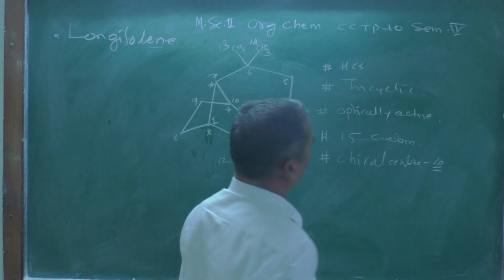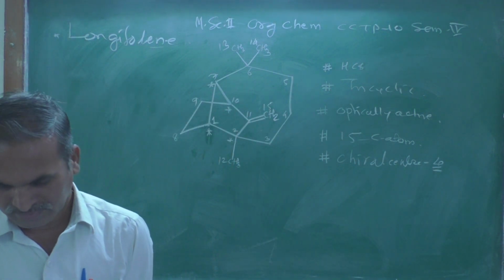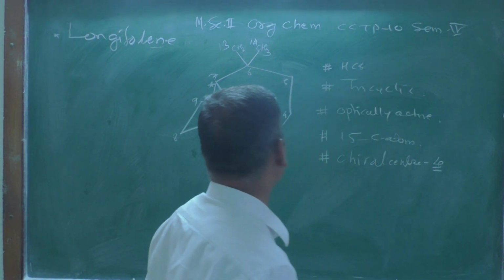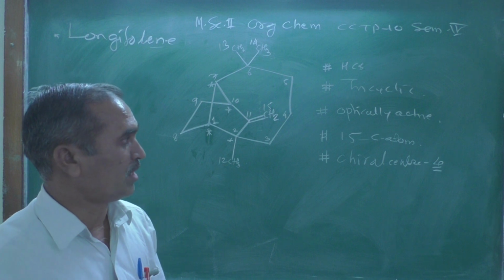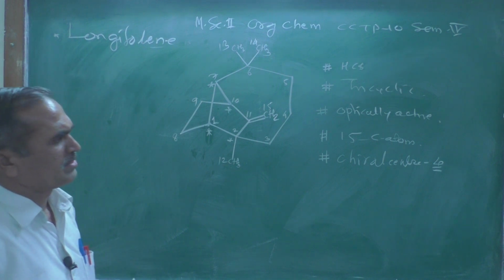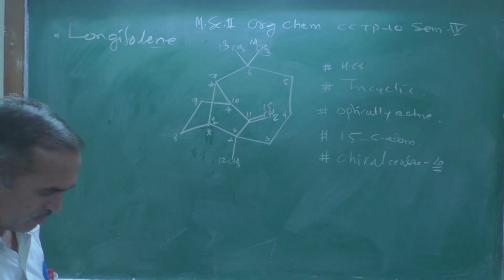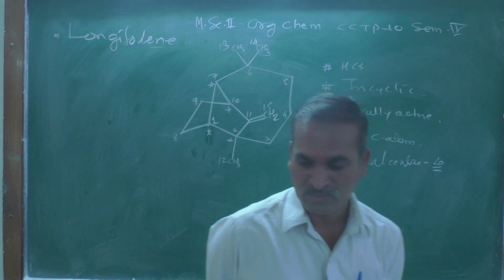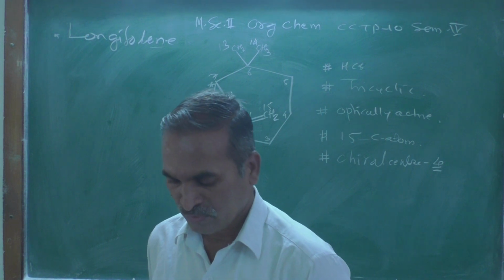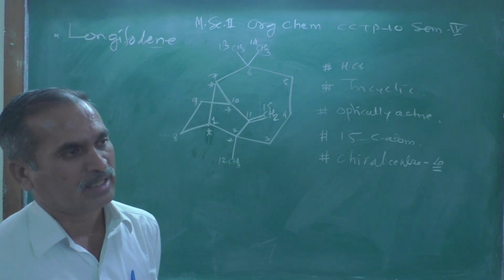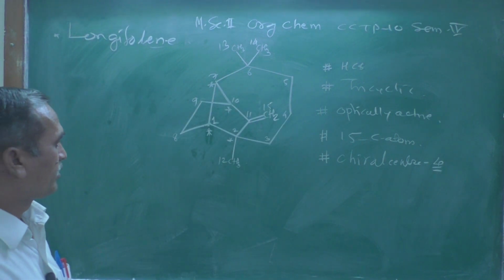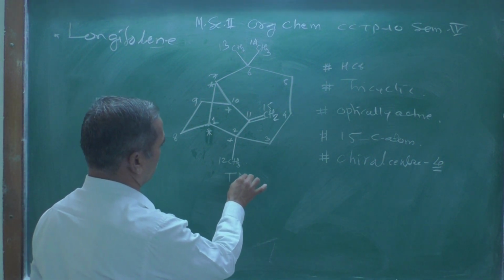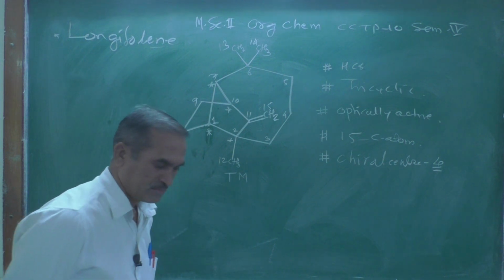There are a total of 4 chiral centers in this molecule, and these are some of the noticeable points regarding this longifolene. And now here I am writing TM.